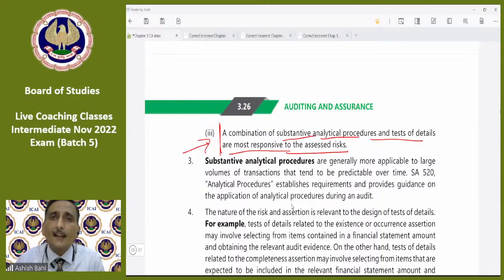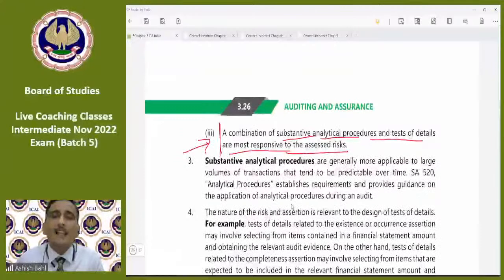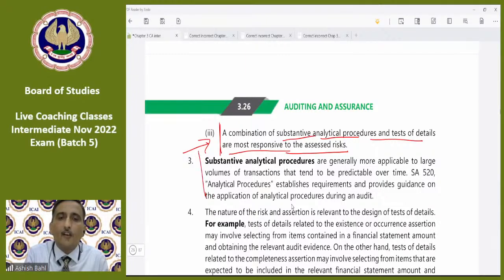Then he thinks that a combination of substantive analytical procedures and tests of details is the best option, the most responsive way of addressing those assessed risks. Is that clear? Tell me, is that clear? About substantive analytical procedures, we already read in our last session, and I have also touched upon it today.